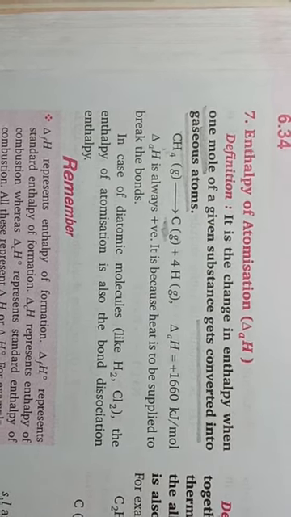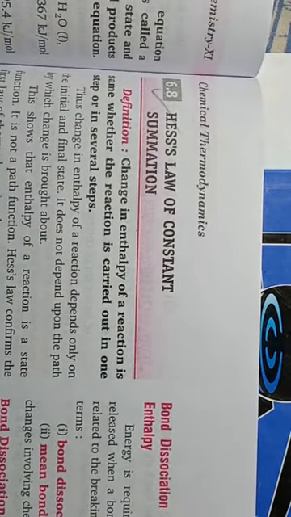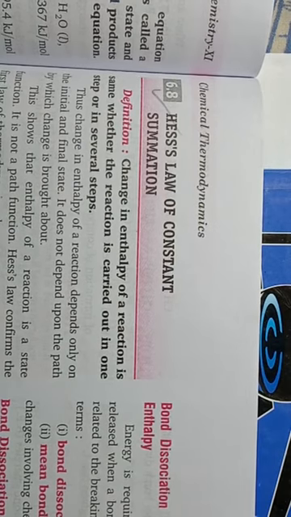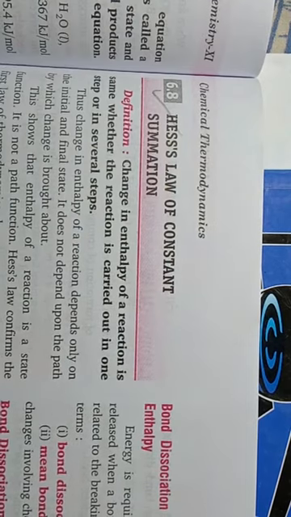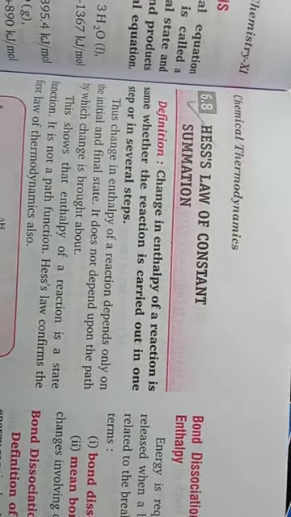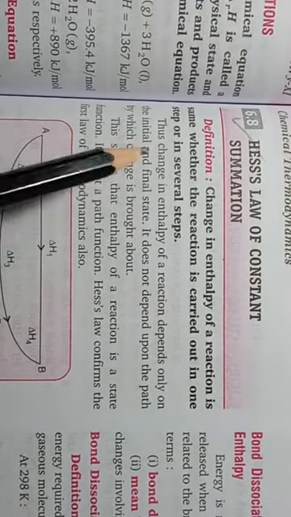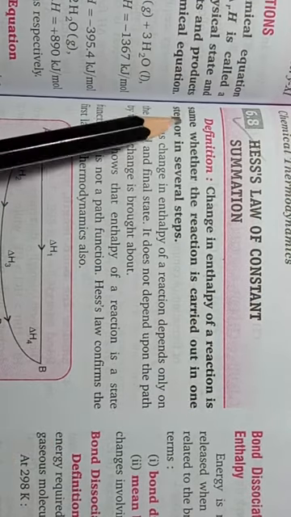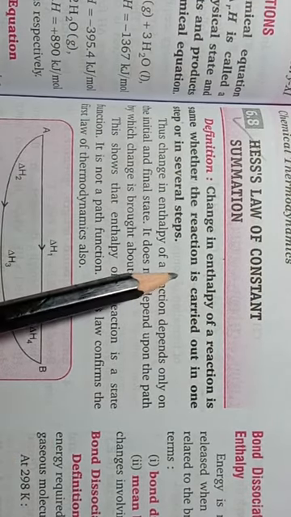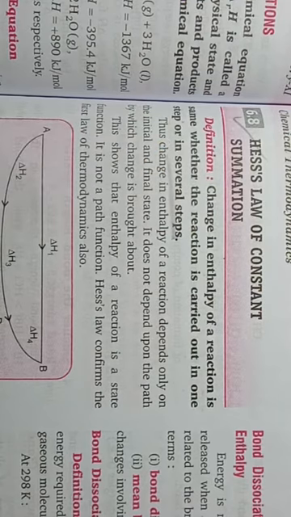Next we will discuss a very important heading, Hess law of constant heat summation. It is a very important law. The definition: the change in enthalpy of a reaction is the same whether the reaction is carried out in one step or in several steps.